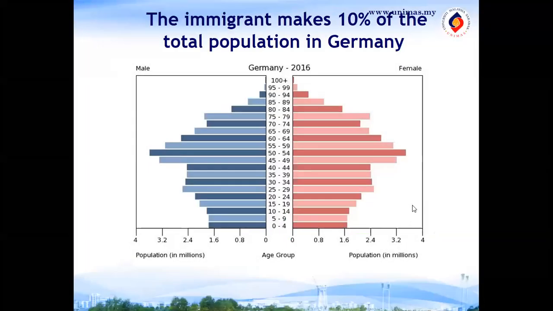Okay, let me go back to the lecture slide tadi. All right, hold on. This was supposed to be earlier on tadi. The immigrant effect on the total population in Germany, the impact tadi.